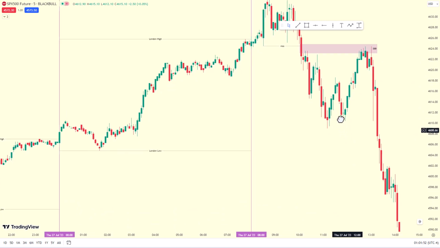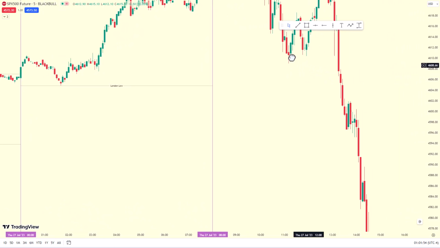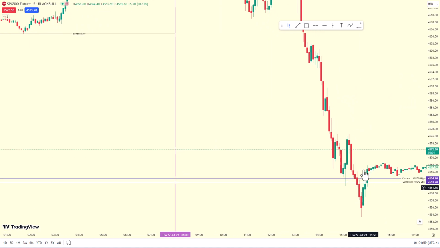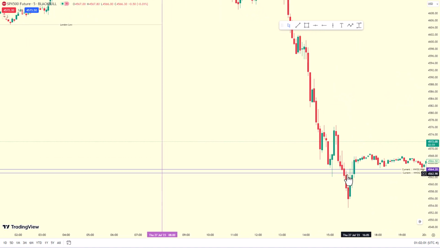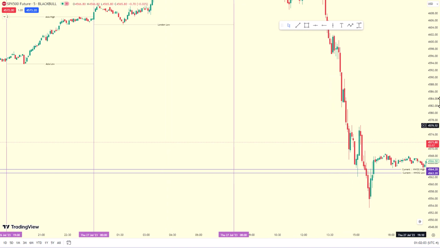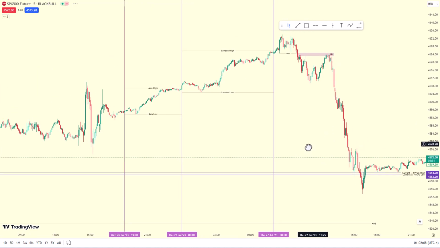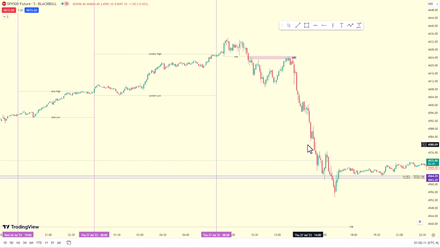Price just kept on meandering from there going into Asia session, but we did get the new week opening gap tagged eventually during the New York PM session. So that's all I'll be doing.